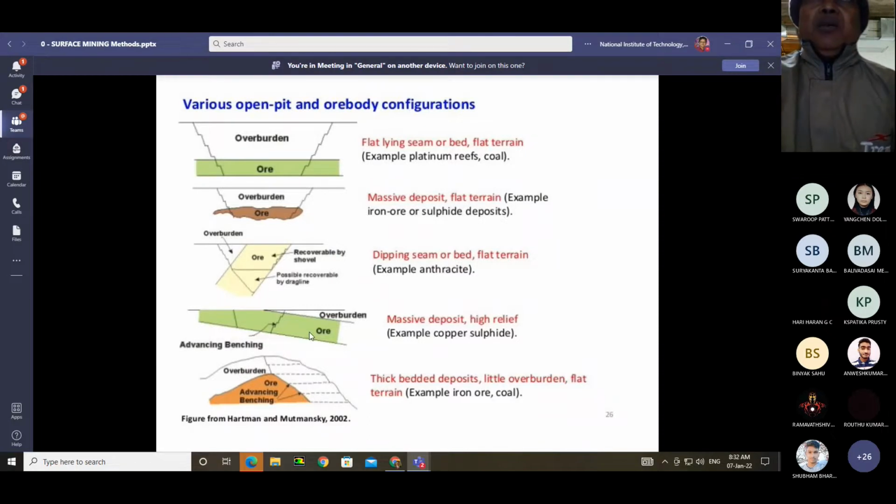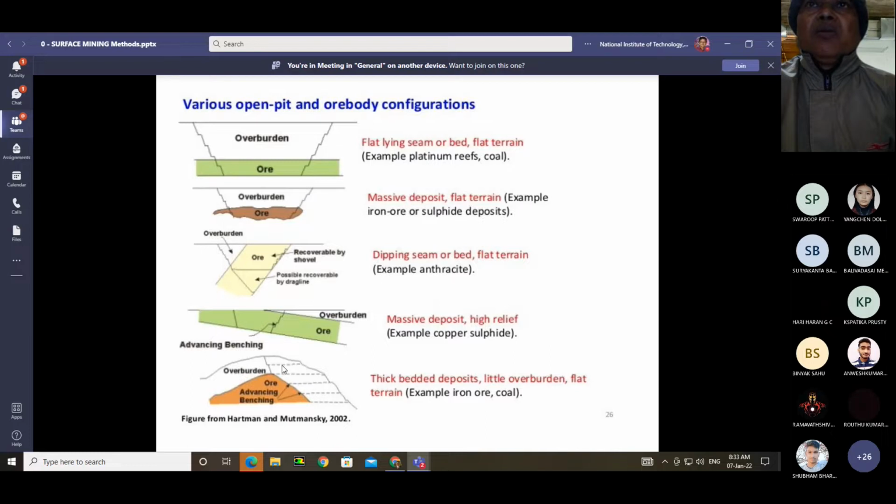Then the fourth one is a massive deposit. Again, it is an inclined deposit, a massive high relief copper deposit. Here the overburden is this area, and the mineral is exposed to the surface. So you get the minerals quickly from the surface, and only a little overburden has to be removed. Then this is a thick bedded deposit.